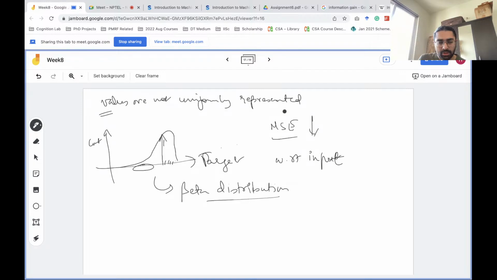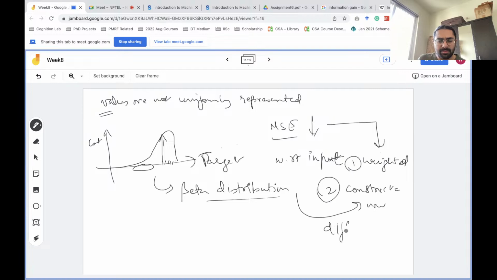So instead of using MSE loss, can we use some sort of a weighted MSE loss? This is one idea. The second thing is, can you actually build a new loss function itself? You can try to use this beta distribution idea and construct a new loss, which obviously needs to be differentiable with respect to the inputs of the ML model, so that the ML model can differentiate and update its weights accordingly.